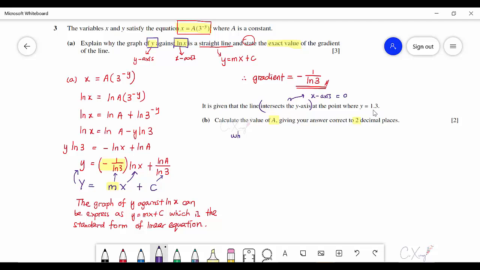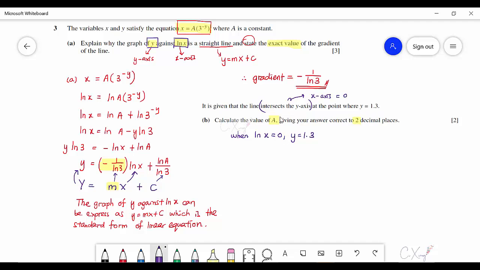By using the information, you know that when the x-axis is equal to 0, it means that ln x equals 0, because now our x-axis is ln x. So when ln x is equal to 0, the y-intercept that you get is 1.3. By using this information, I want to find out a.